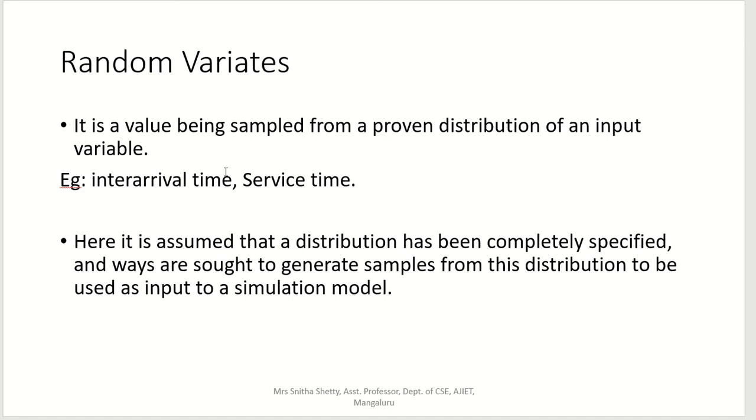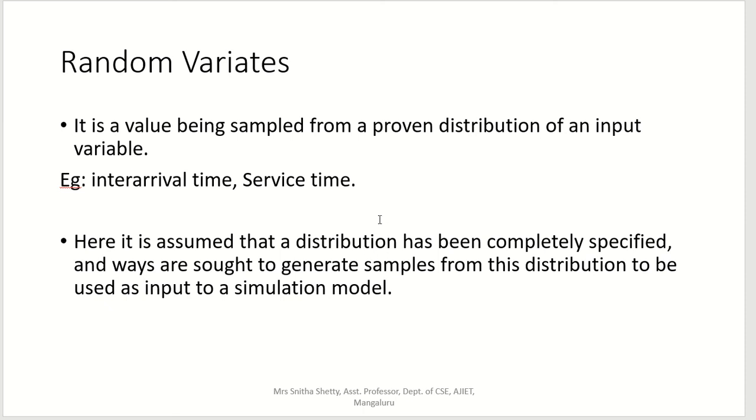We took this example in the first module, where we did a bank simulation. There we assumed the inter-arrival time of the customer or the service time of the customer. All those values we call random variates. So the random variate is a value, and it should satisfy a distribution.